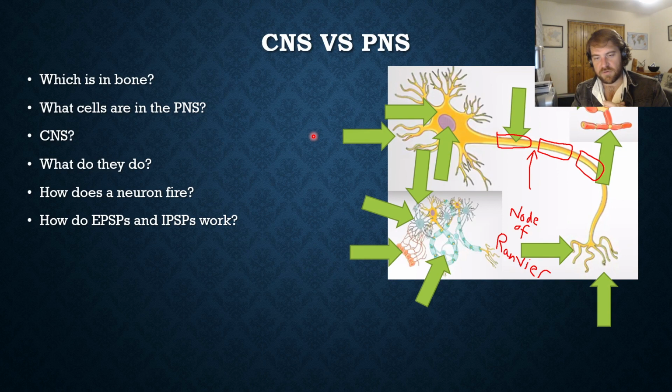Secondly, what I want you to know is it is an electrochemical process, right? So the electrical part is mostly happening within the neuron itself. It's all electrical charge coming from the dendrites, essentially. I mean, the dendrites are receiving the neurotransmitters from other cells, and that creates an electrical charge.